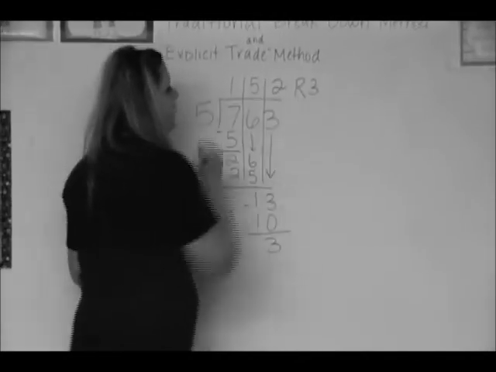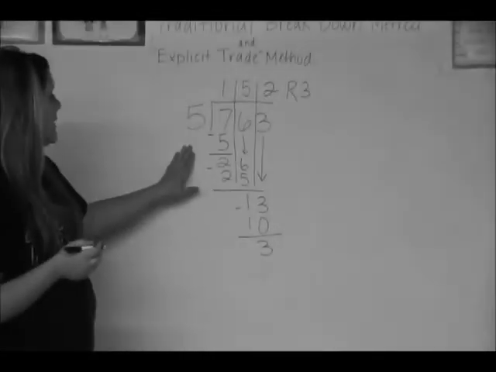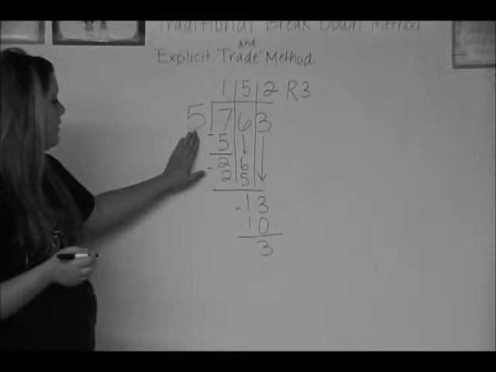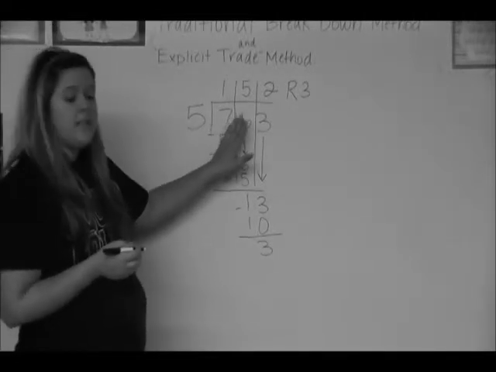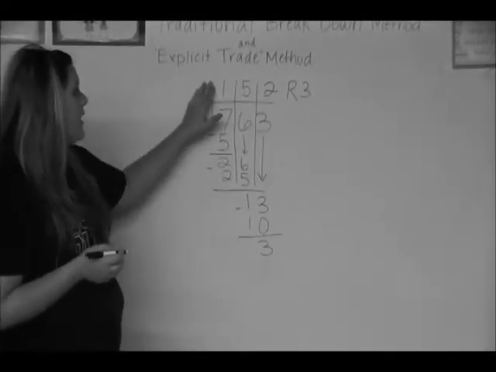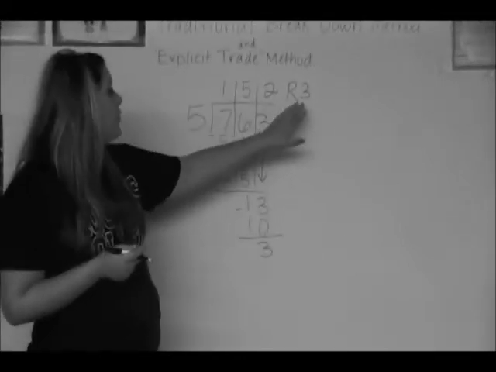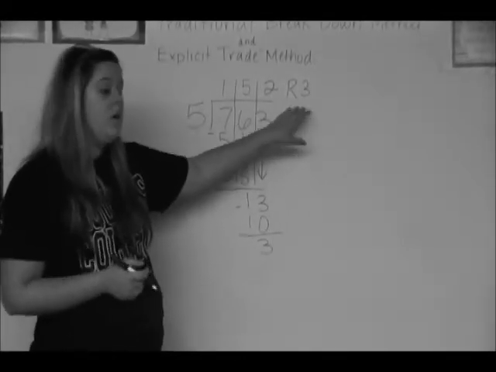Now we look and we see that 5 cannot go into 3 because 5 is a greater number. So we are going to have a remainder, which you are going to put an R for remainder, and the number 3. So our answer is this. 5 can go into 763 152 times with 3 ones left over.